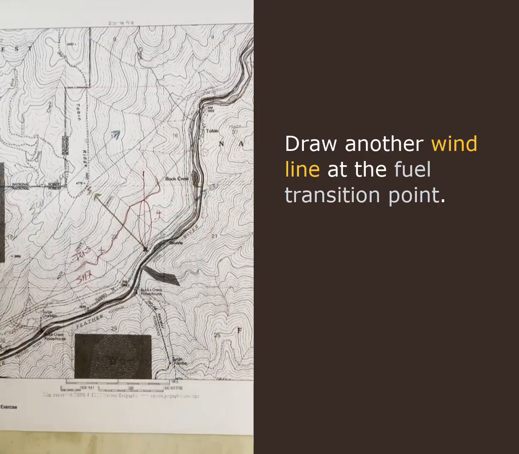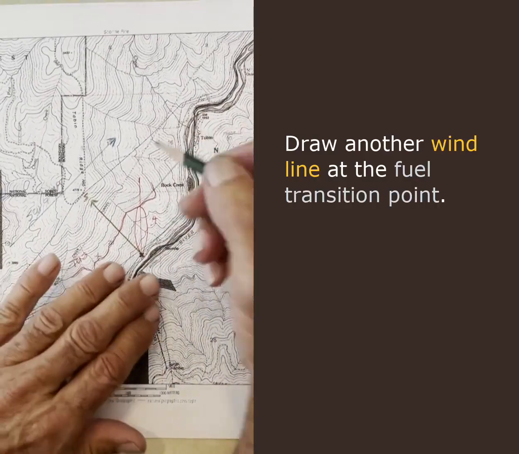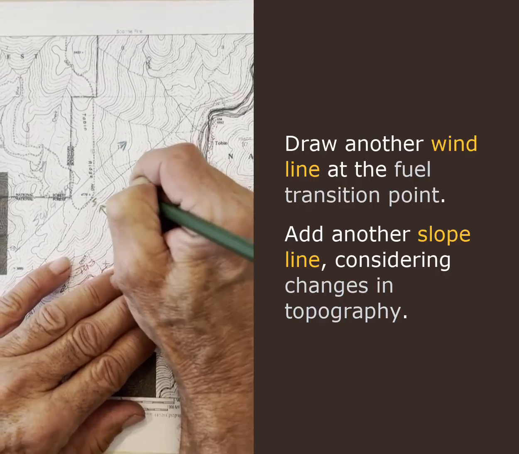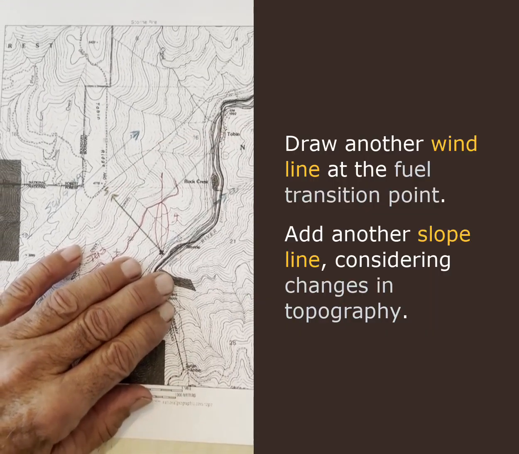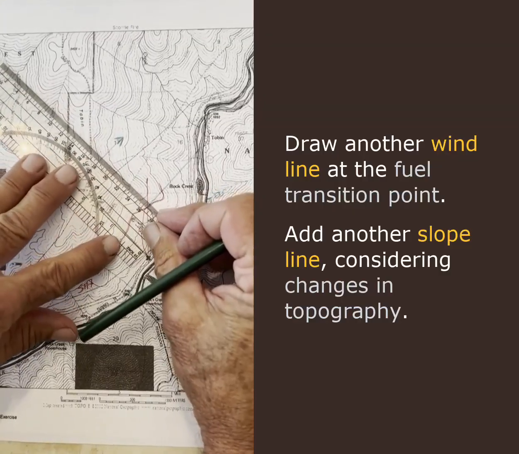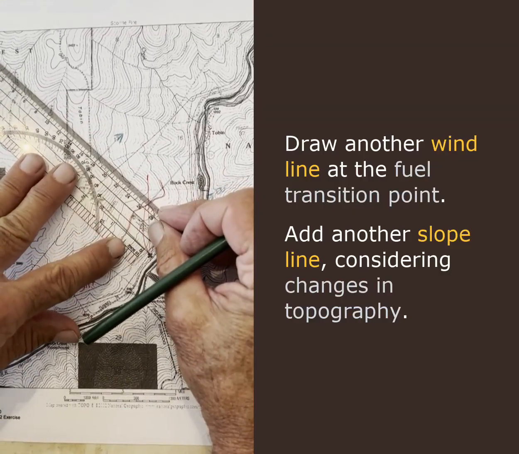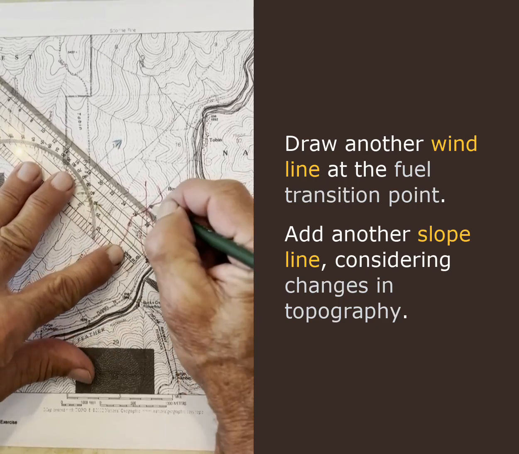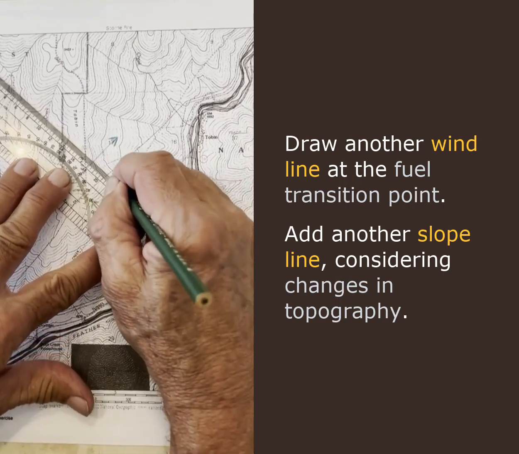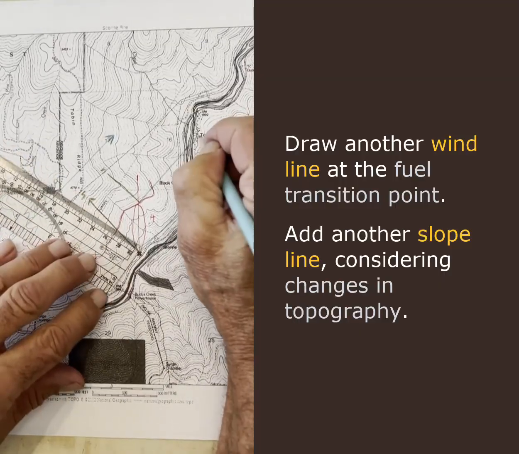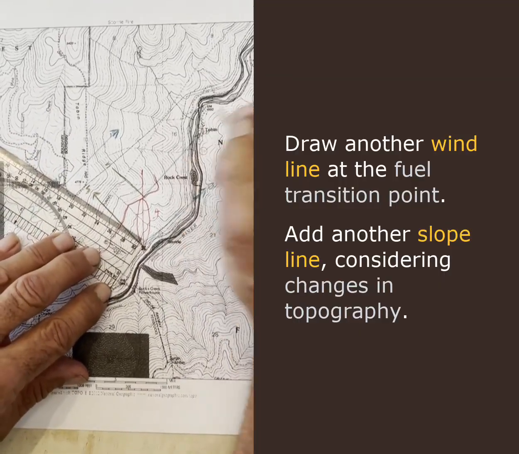I'll put another slope line, and here the slope actually looks like it's kind of going more in this direction. So I'll run that just a little bit straight off of that. So slope, wind.